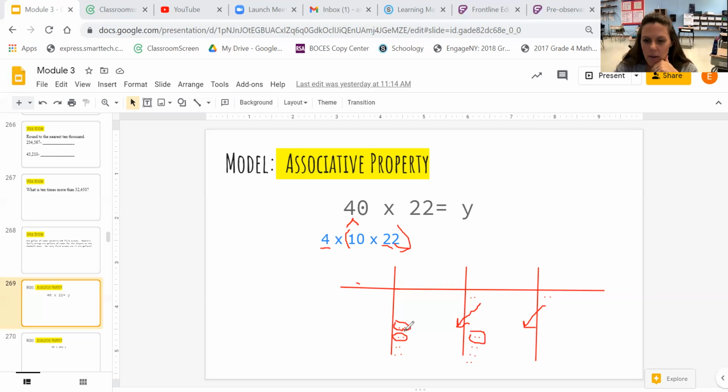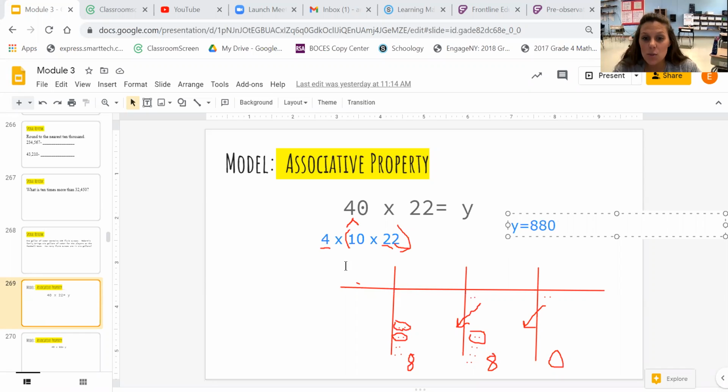So now let's figure it out. I have 200, 400, 600, 800. Let's look in the tens place. I have two tens, four tens, six tens, eight tens. And in the ones place, now I have nothing, giving me a value of y being 880.